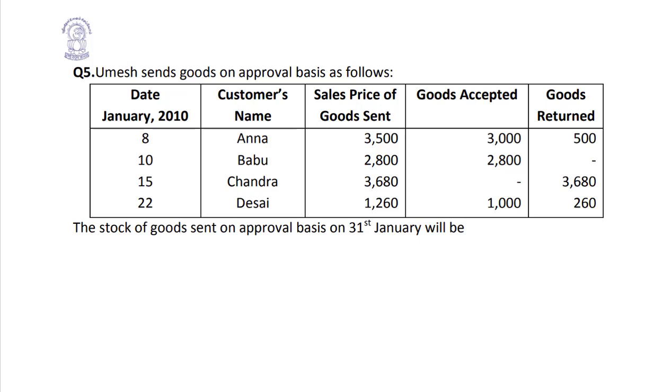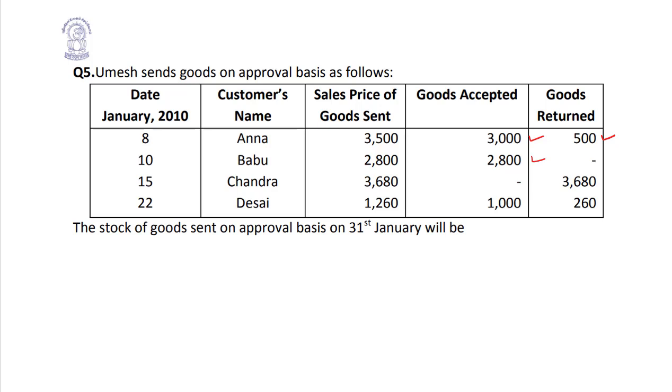The date is 8 January, the customer's name is Anna. Sales price of goods sent 3,500, accepted 3,000, returned 500. So what is the balance? Nil. Babu on 10th January, goods sent 2,500, accepted 2,500, balance is nil.